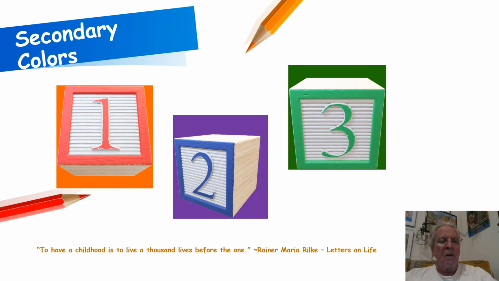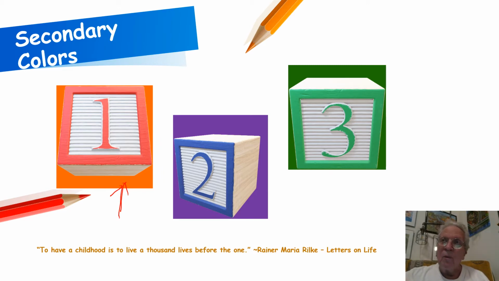Okay, so let's take a look at secondary colors. What colors did we say they were? Orange, purple, green. Okay, so here we have orange, an orange background. Now that number 1 is really sort of red, but it's close to orange.